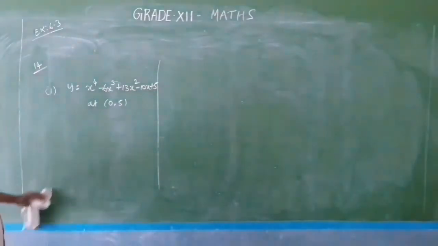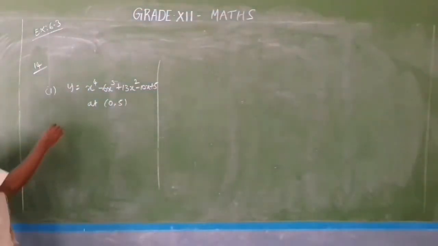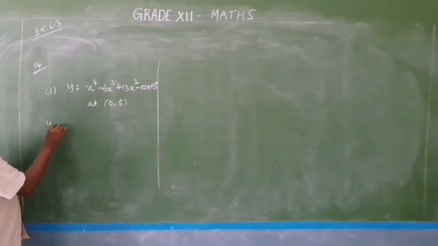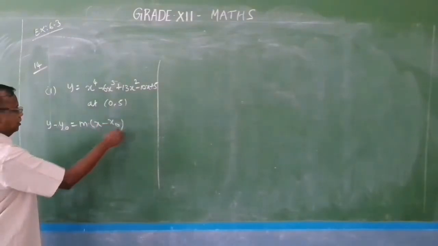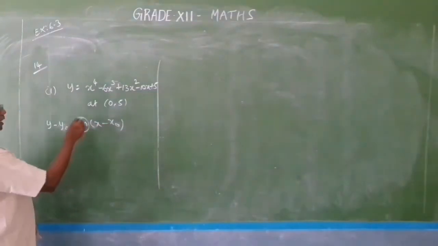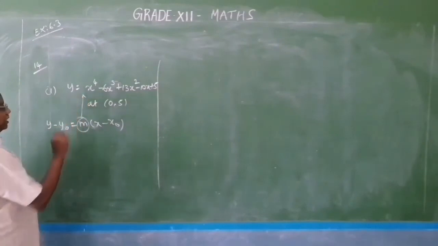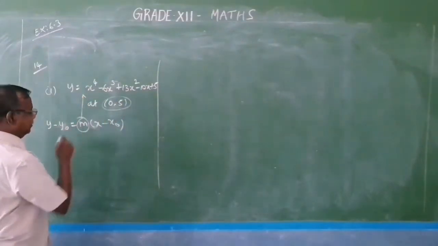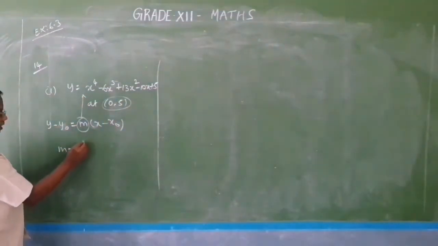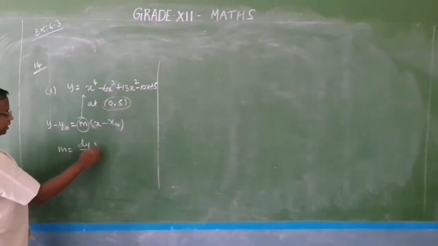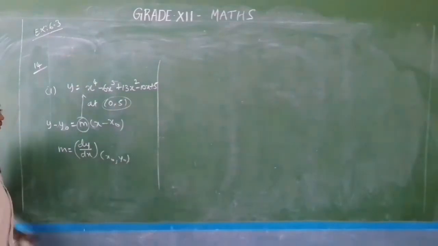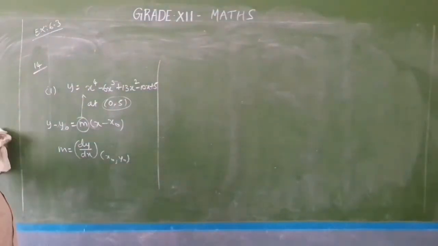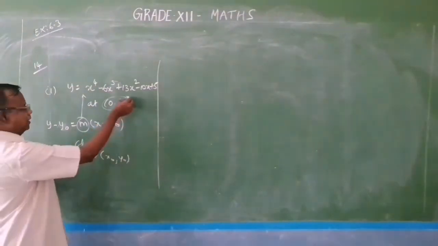In this case, what do we have to do? First we know that the equation of any tangent is y minus y naught equal to m into x minus x naught, where m is the slope, found by differentiating the curve and substituting the point. Already we have said m is nothing but dy by dx at x naught comma y naught. This is the slope of the tangent. The point x naught comma y naught is the given point.